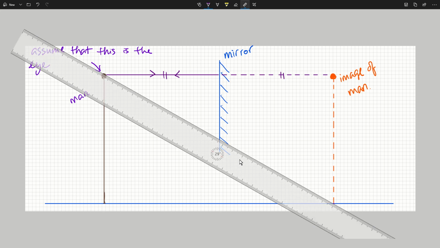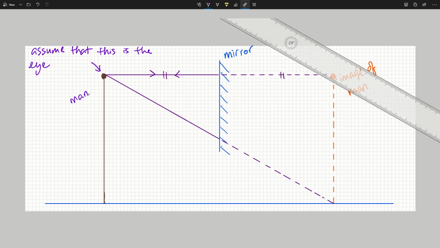Mind you, we're going to draw the ray from the mirror to his eyes. So this light ray exists, but behind the mirror, things do not exist. They are virtual in nature. So we represent the rays in dotted lines. And that's how he perceives the image of his foot.